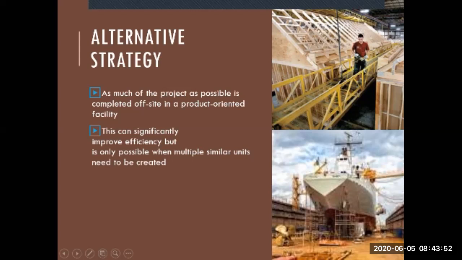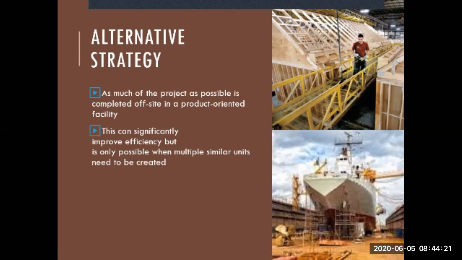Nowadays they have another alternative strategy, which is to complete the product offsite. Usually it's on site, but they try to complete certain components offsite, such as doors, windows, and tiles.